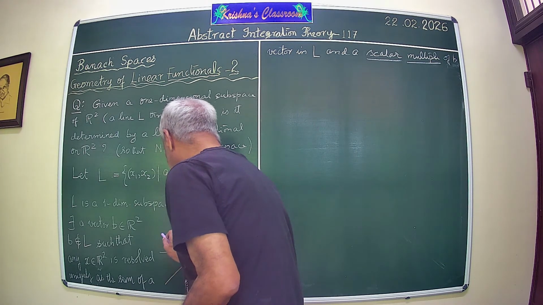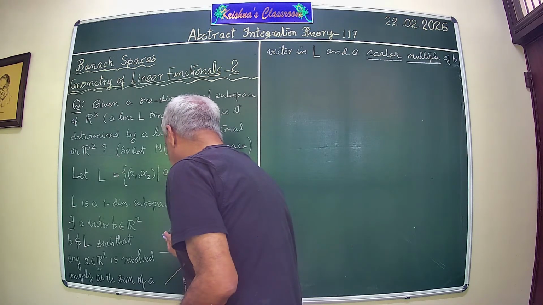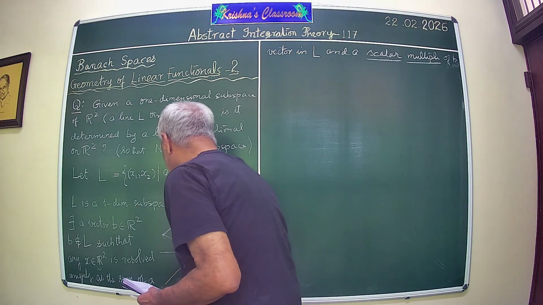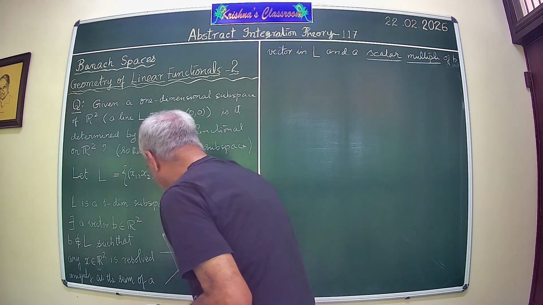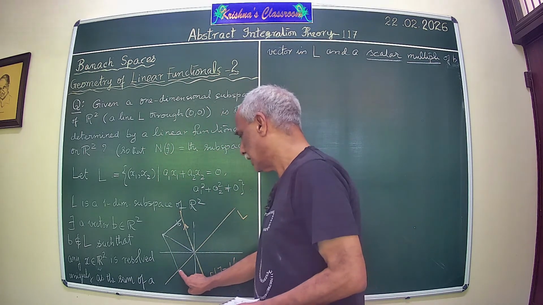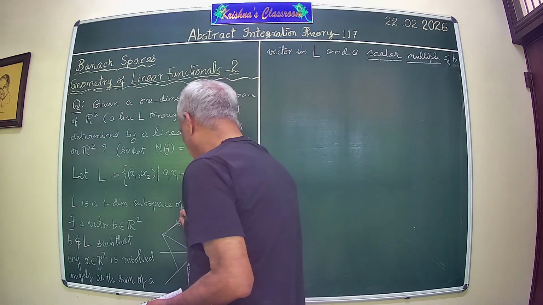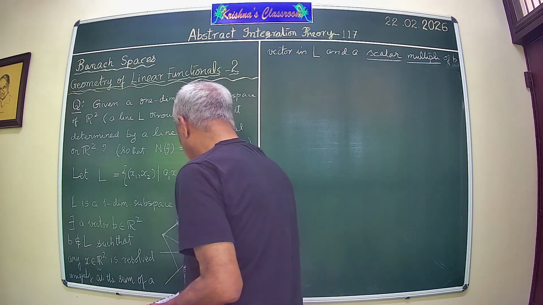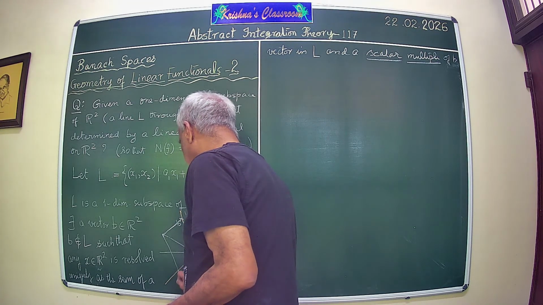What you do is draw a line parallel to this one. So you complete the parallelogram with the edges lying in L and L prime. Then this point is some k times B, and this is some x prime.